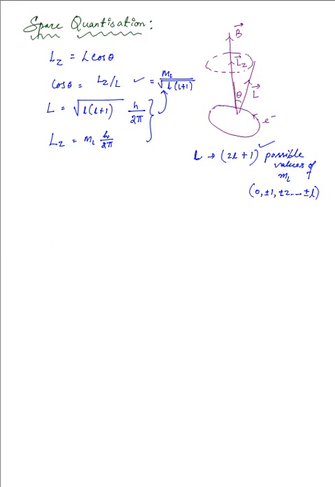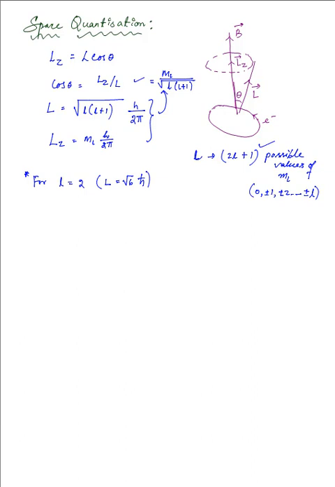Let's take up a simple one, and we'll see how it is quantized. Let's take l equal to 2. We have the value of L equal to root 6, that is 2 into (2 plus 1), that is 2 times 3, which is the square root of 6 times h bar, or h over 2 pi.